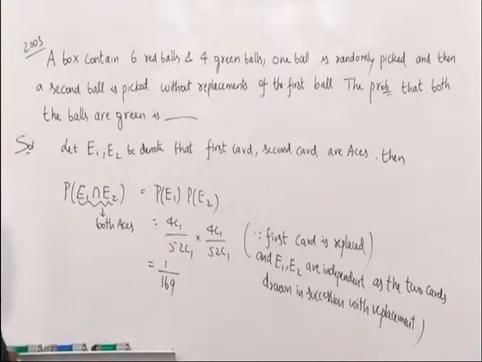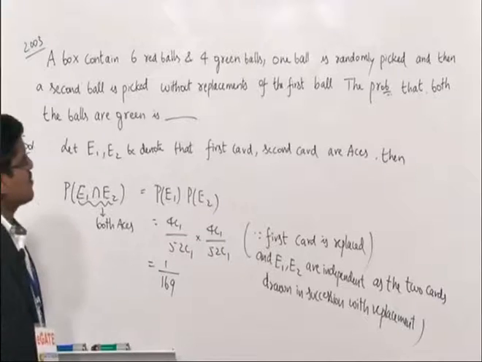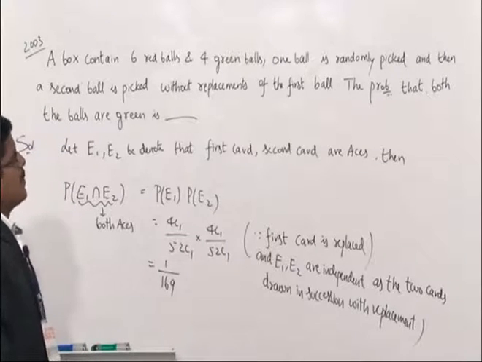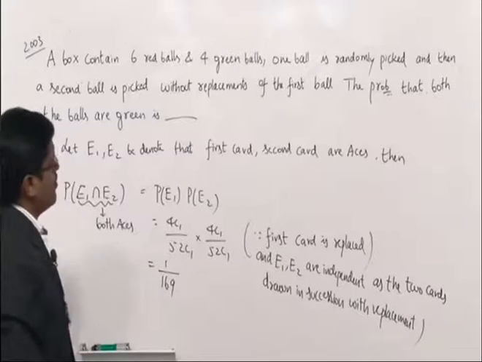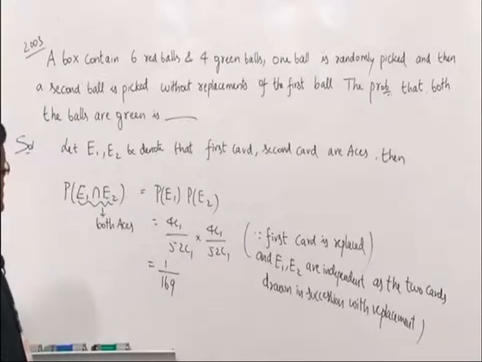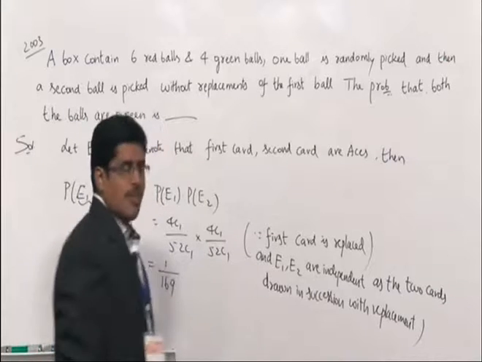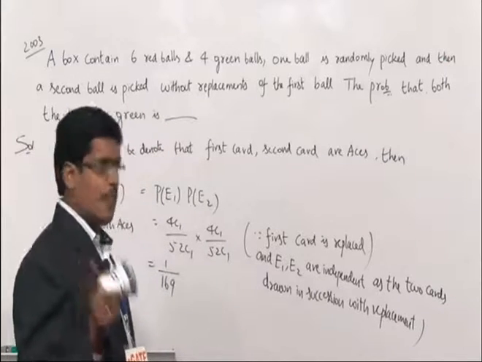So here also the total balls are 6 plus 4, 10. One ball is randomly picked and then a second ball is picked without replacement of the first ball. So without replacement, I told you, is an example of dependent events.